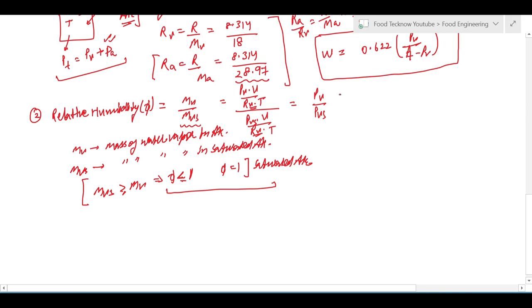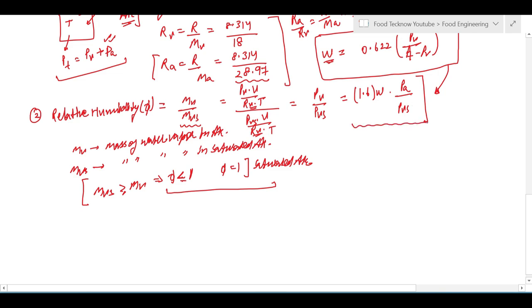Then we can write it as, if we convert this PV to PT minus PA, and finally if we include the formula of the specific humidity in the relative humidity, then we can write it as 1.6 into w into PA divided by PVS. So if we substitute this, it is easy to derive.